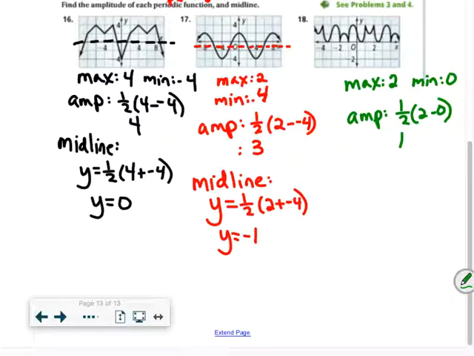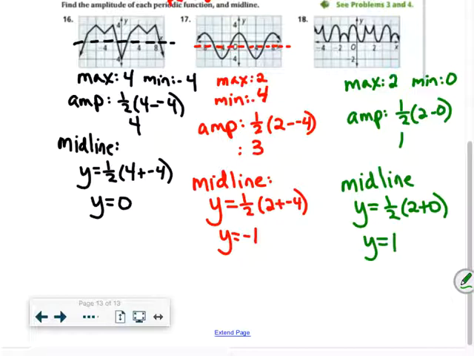So my amplitude is 1. The midline is an equation, y equals 1/2 of the maximum plus the minimum. So it's y equals 1. And think about that. If I could draw the midline here, it would be at y equals 1. That concludes the 13-1 notes.